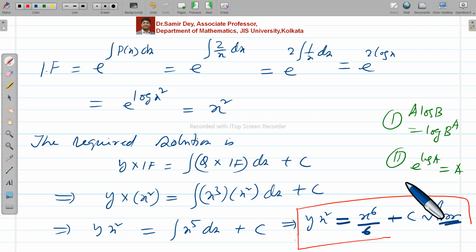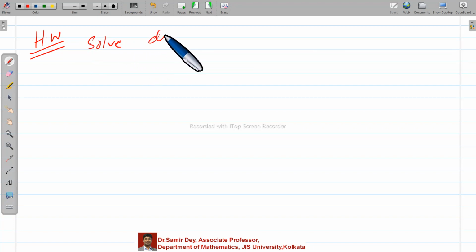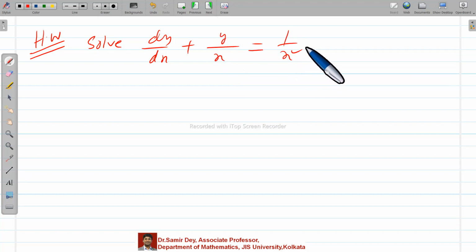Now, if your solution is over, you write down some homework. Every time you have to follow this. Solve the same type of problem: dy dx plus y by x is equal to 1 by x square.